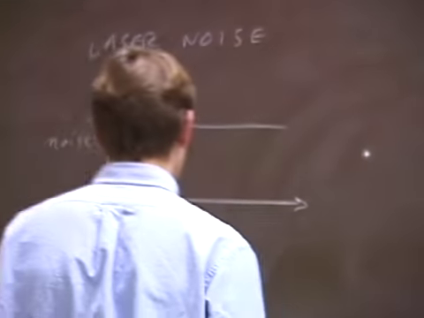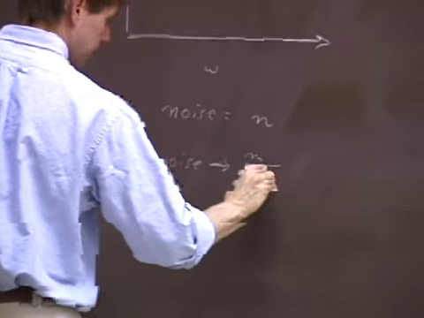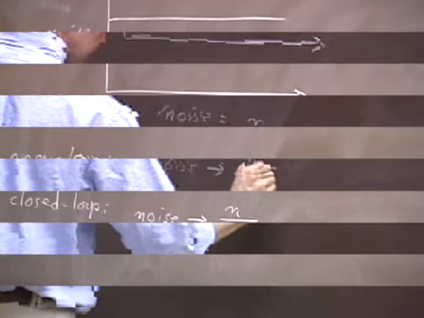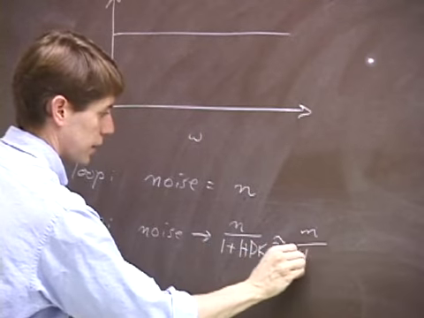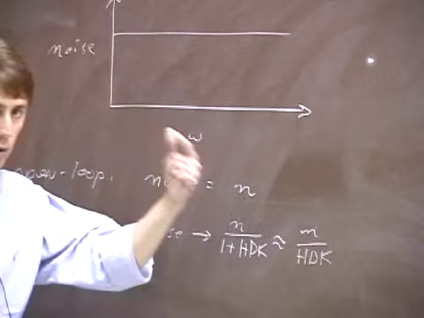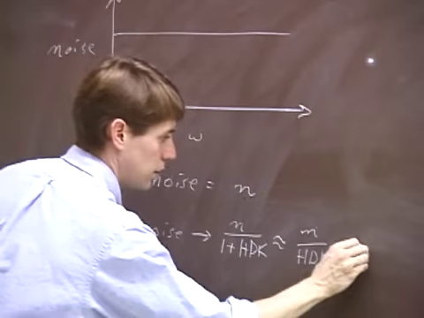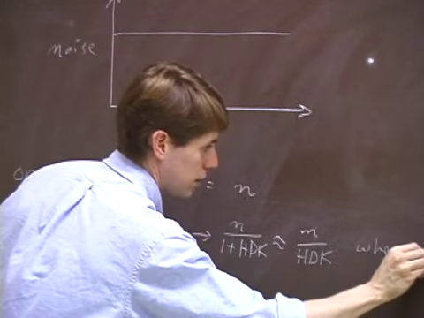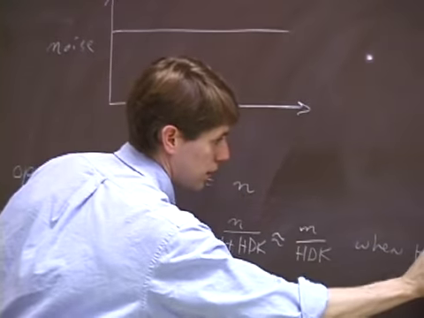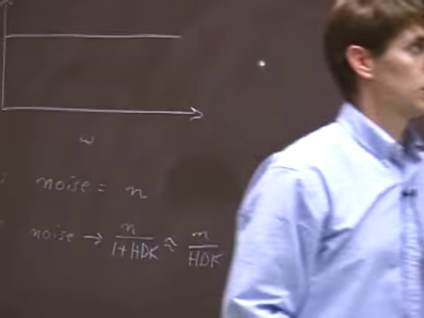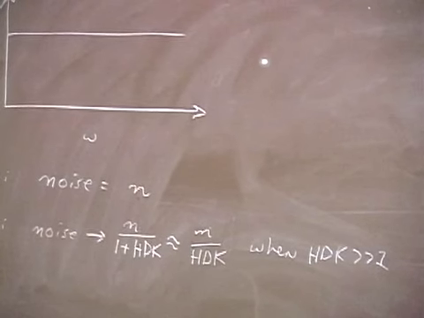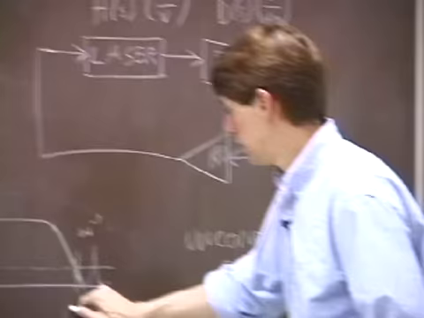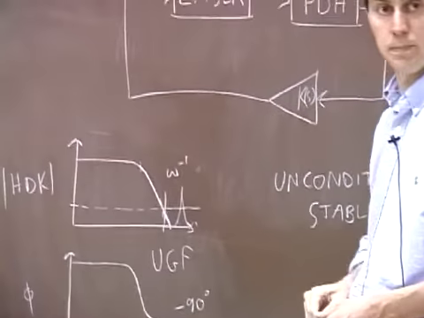HDK. And so this is approximately N over HDK when the total loop gain is very large. And the total loop gain is very large, I'm assuming, all the way up to the unity gain frequency.